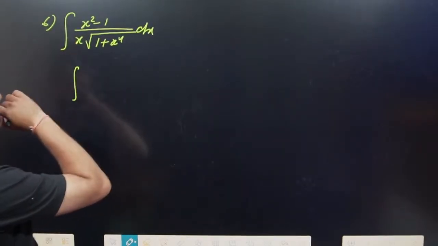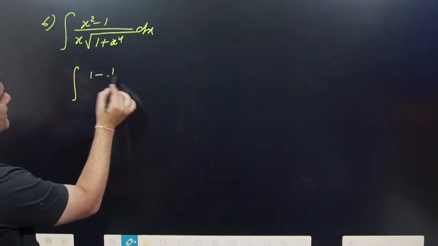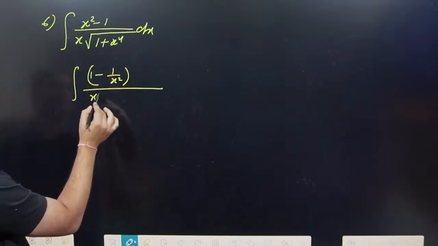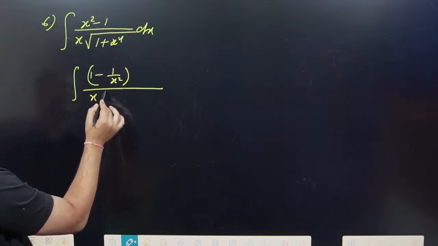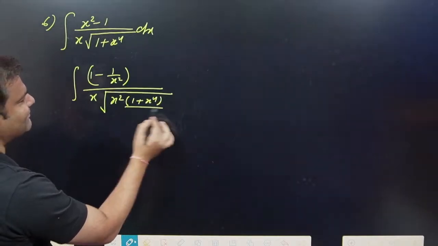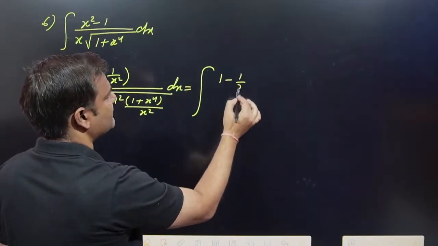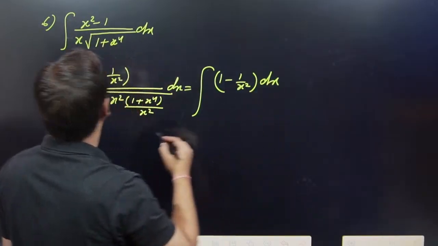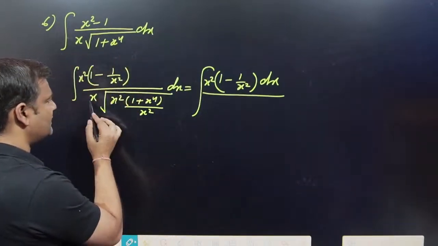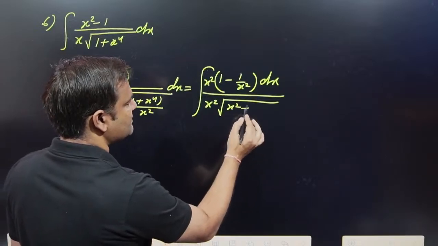If x square is taken common, then that is written as 1 minus 1 by x square dx into x square, divided by x into x square, and here x square plus 1 by x square.